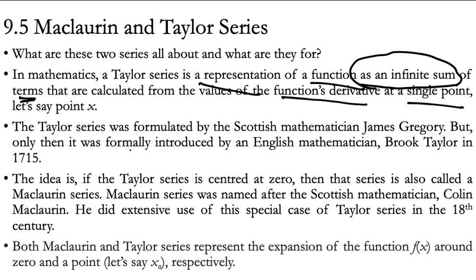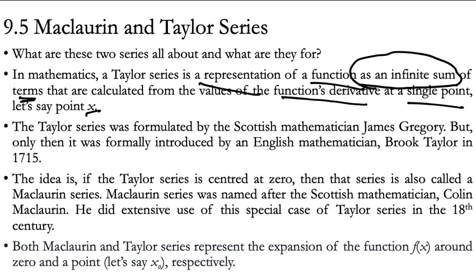Single point, single value, let's say point x, x naught, a, b, c, or whatever. Taylor series was formulated by the Scottish mathematician James Gregory, but it was formally introduced by an Englishman called Taylor in 1715. That's why it's called Taylor series.